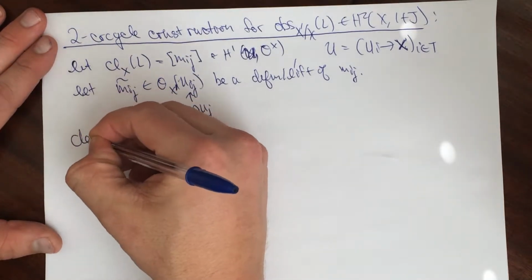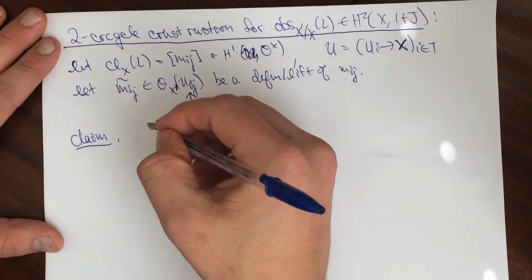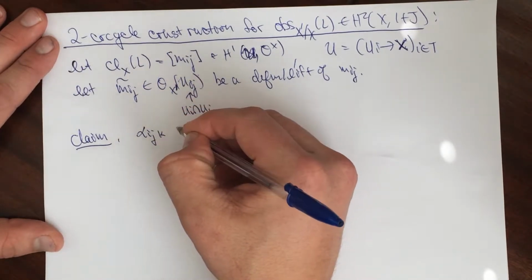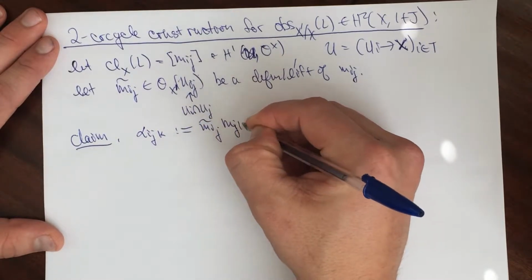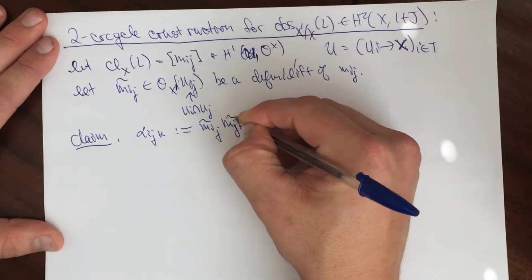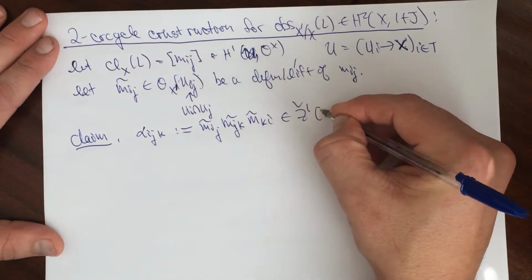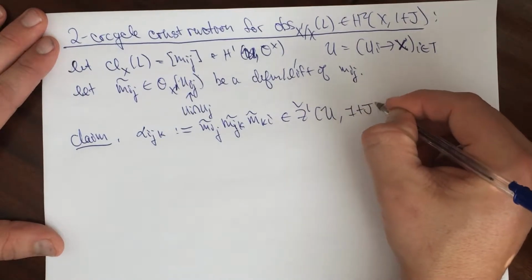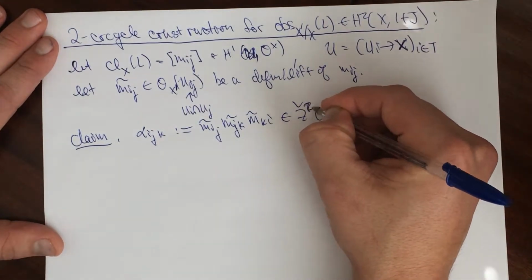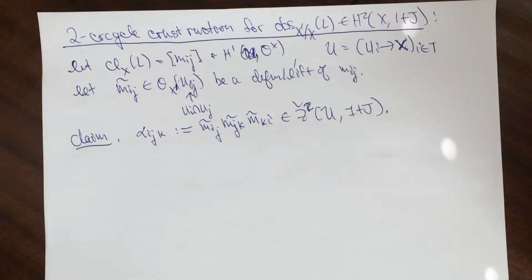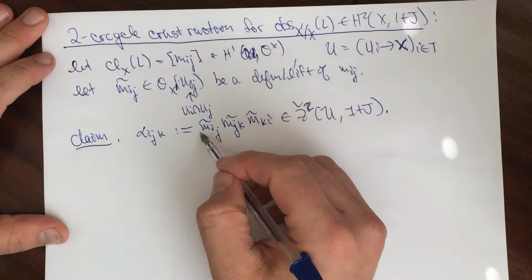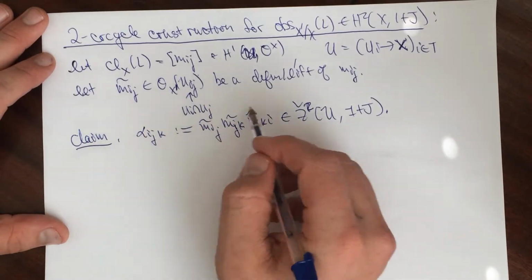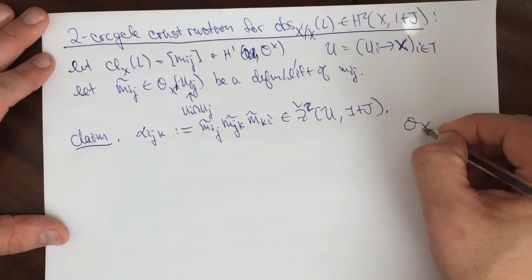Okay, the claim is that this alpha ijk, defined to be, well, just a combination like this, Mij tilde, Mjk tilde, Mki tilde, is a Čech 2-cocycle with respect to the cover for this group 1 plus J. First of all, I want you to observe that the reduction mod J of this is clearly in here.